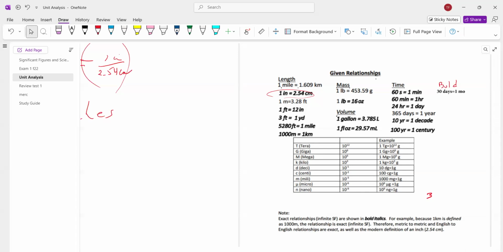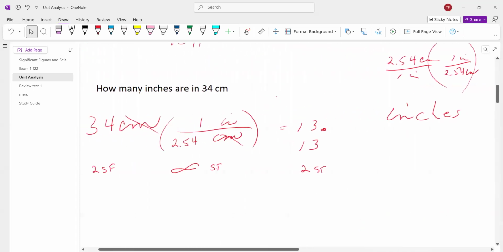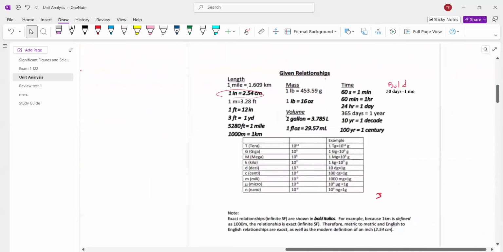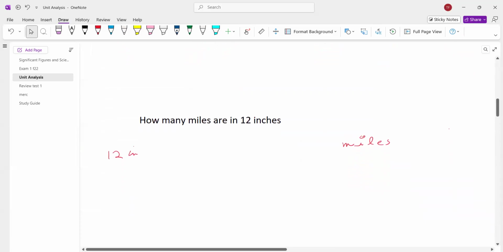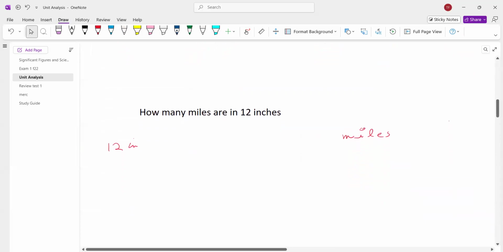That means it's more than a one-step problem. So the first step is to convert to the intermediate unit here. Feet, right. Feet is in both of them. So the first one to calculate is going to feet. So we're going to convert inches to feet. Now, this is an easy one you can do in your head, right? We're going to do a setup though.